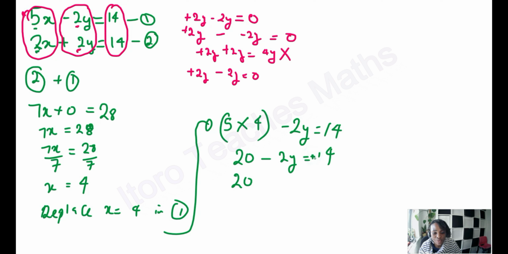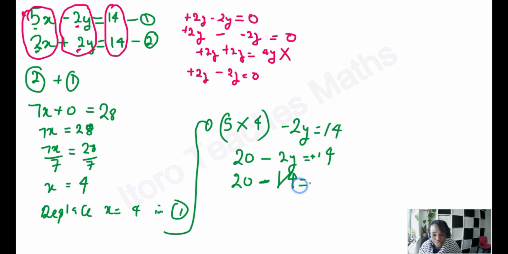So if we bring it over the other side of the equal sign, remember when anything crosses the equal sign, the sign becomes the opposite. So this becomes 20 minus 14. We are going to just put that there, 20 minus 14.